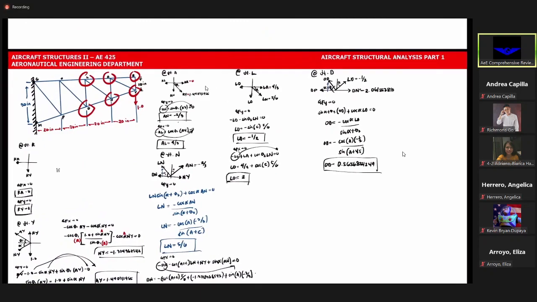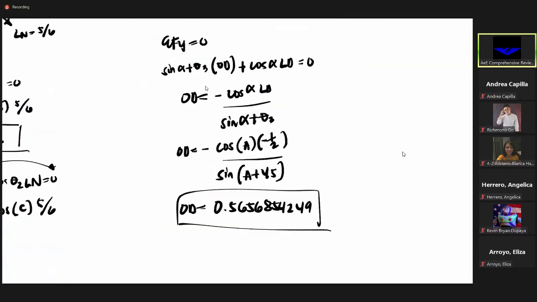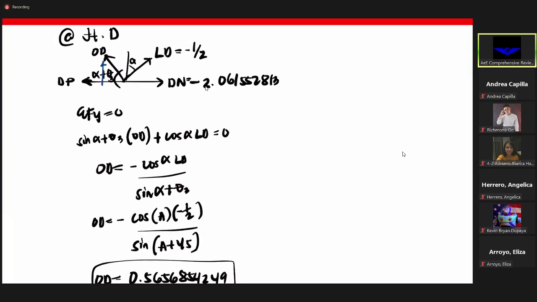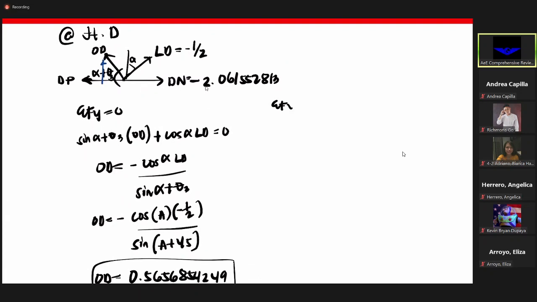Okay. Next is summation forces X. Feeling ko kasya naman dito sa gilid. Summation forces X is equal to 0. Negative DP, negative cosine alpha plus theta sub 3 OD plus DN plus sine alpha LD is equal to 0.